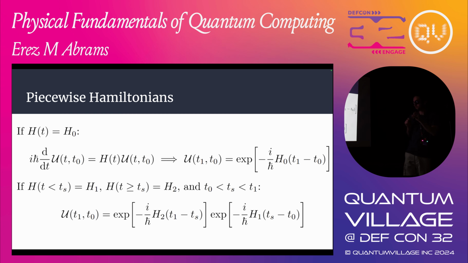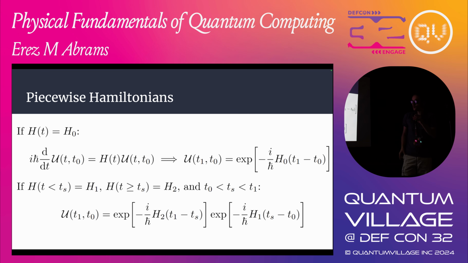How do we solve this? Well, we can do the same sort of thing, and I'm not going to go into the proof that this actually works, but it might seem reasonable physically. First, we do the time evolution from the first Hamiltonian up to the splitting point, and then we do the time evolution from the second Hamiltonian after the splitting point. This is, of course, assuming that the splitting point is between our start and end time.